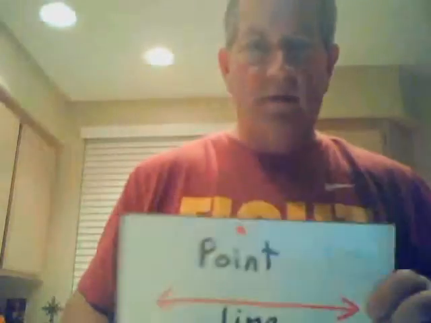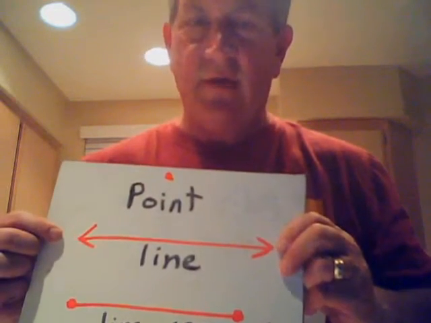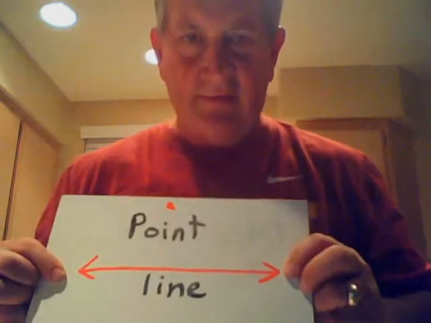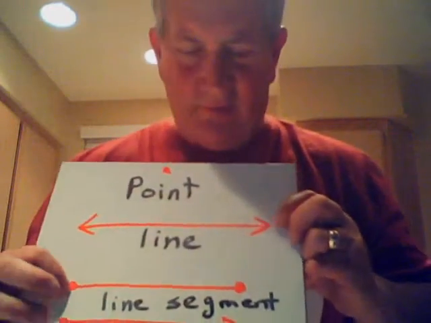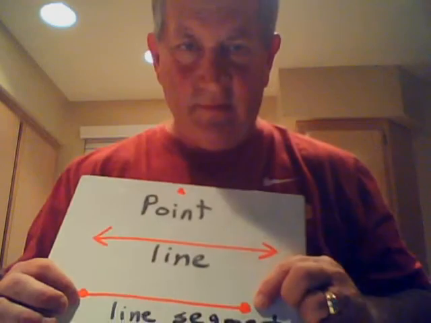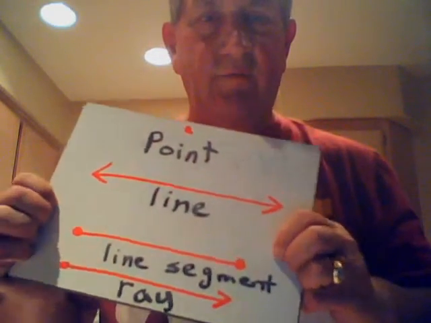So, boys and girls, let's recap here. We have our point, we have the line, and the line goes on endlessly in both directions. We have the line segment, which is a part of a line that has a beginning point and an end point. And then we have a ray.